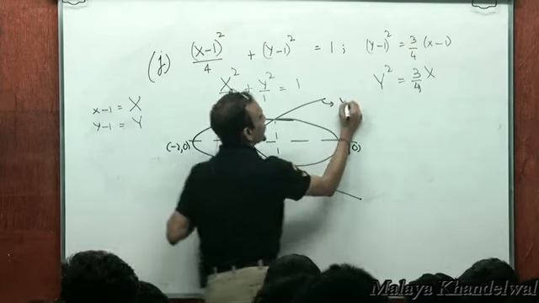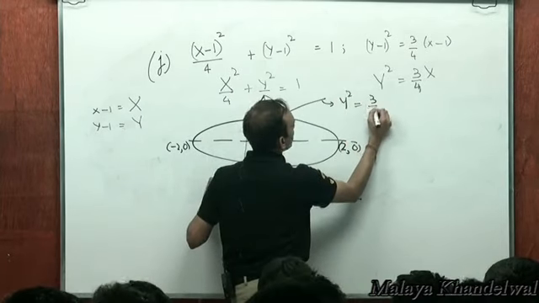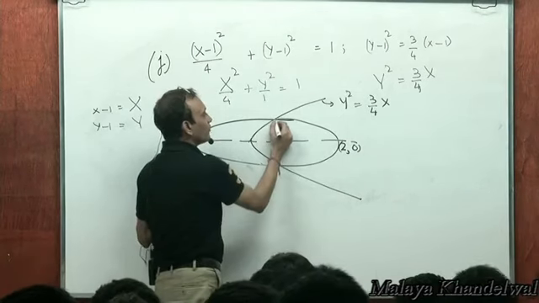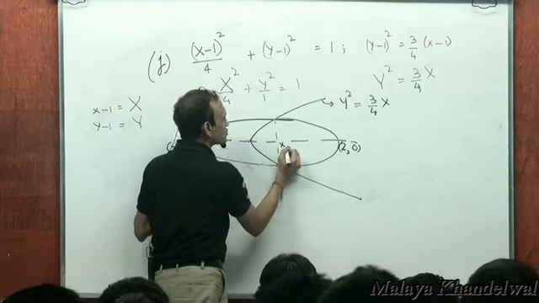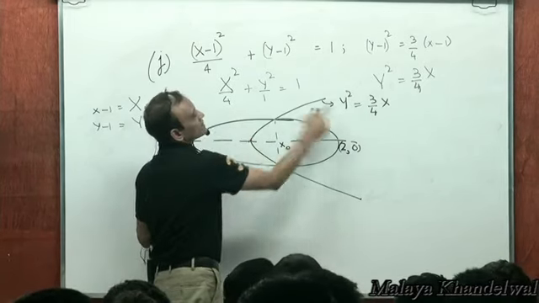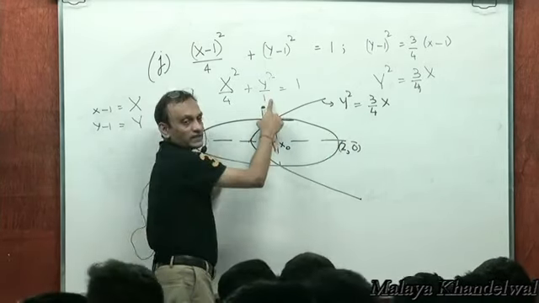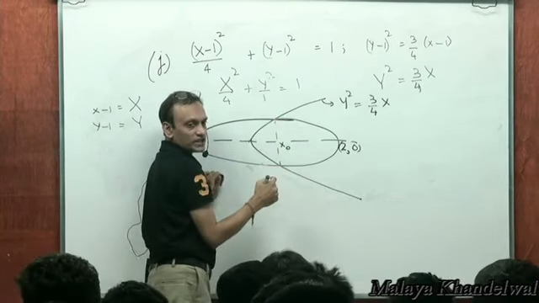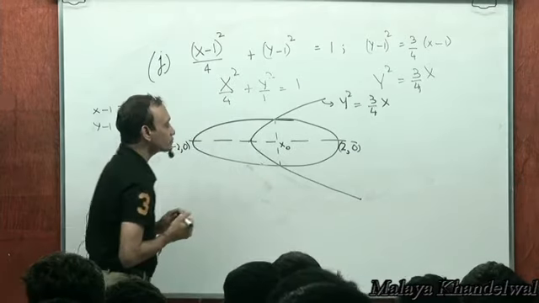This would be the parabola Y squared equal to 3 by 4 X. And can you not find the X naught of intersection of the two? When you solve this, put Y squared equal to 3 by 4 X. You will be able to find X naught, the point of intersection, right?